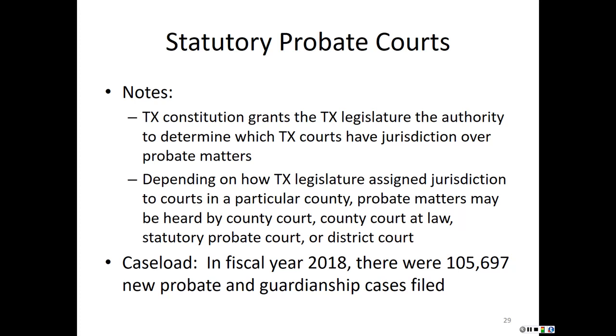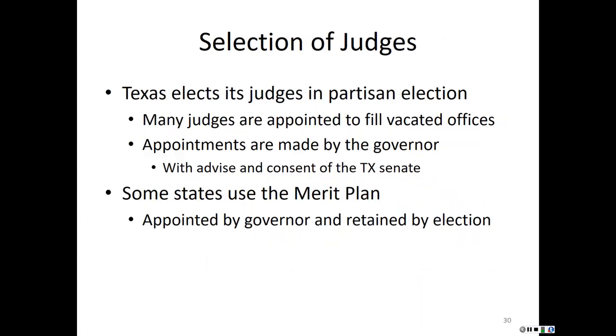Last thing I want to talk about, and we have been talking about it, is the selection of judges. Now, in Texas, I've been telling you, we elect our judges. We elect them in partisan elections. This means that we know what political party the judge is running as a member of. Are they running as a Republican or are they running as a Democrat?